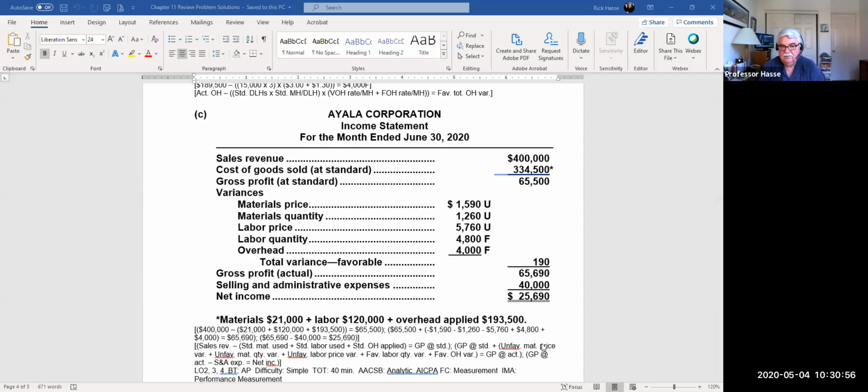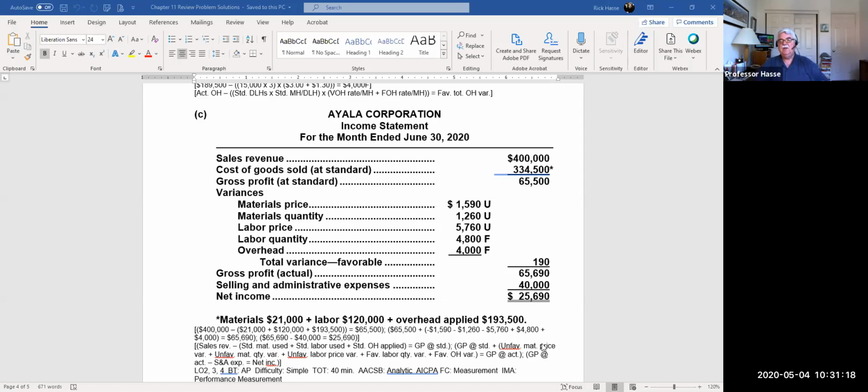There's the material price variance we just calculated, the materials quantity variance we just calculated, the labor price variance we just calculated, and the labor quantity variance we just calculated. Plus, if you complete the overhead variance, we had a favorable variance of $190. Add that to the gross profit at standard.